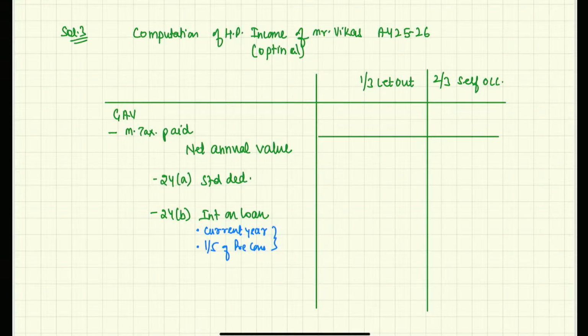This is the format you have. And please remember, for self-occupied property, you don't have to start with GAV and municipal taxes, you have to start with NAV. But for let out, you have to start with GAV.